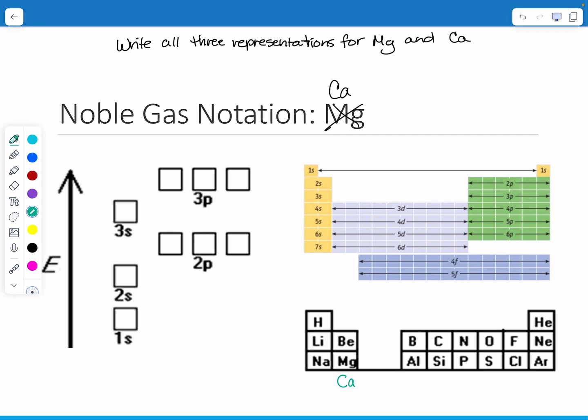All right, so let's start with our blocks. Which block is it in? S block, thank you. All right, so it's an S block element. What period is it in?